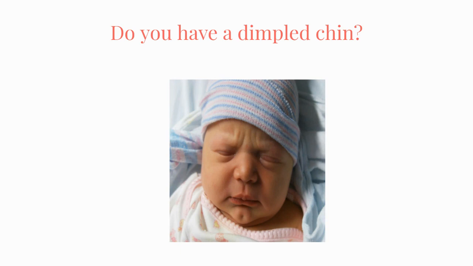Isn't that cool? And it's funny because my twin daughters, one of them has a dimpled chin like me, and one of them doesn't, like her dad. So that's pretty cool. This is obviously determined during your development in your mother's womb. Dimpled chins, however, are dominant over non-dimpled.